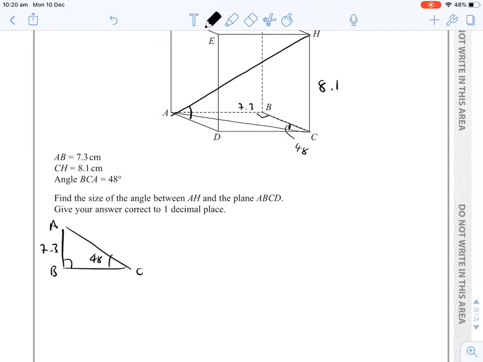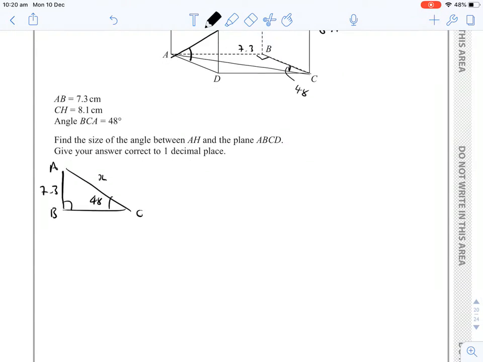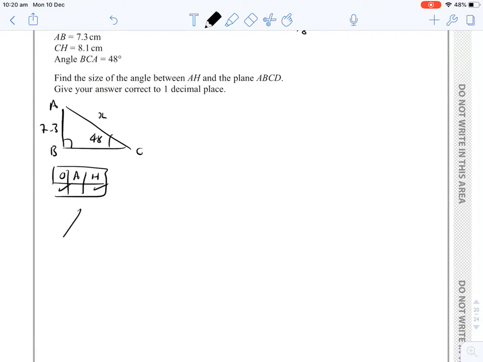Now what we want to find is the length AC, so I'm going to call that X. So draw out a little table, O, A, and H. For that we've got the opposite and we want to find the hypotenuse, so that tells me I'm going to be using sine. So O over H, sine theta.